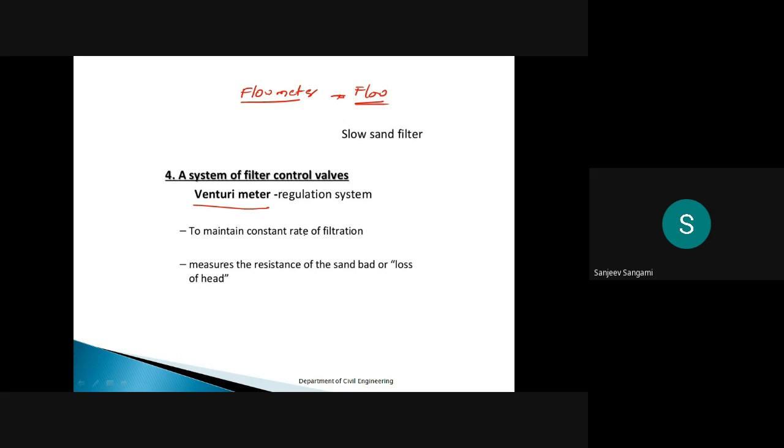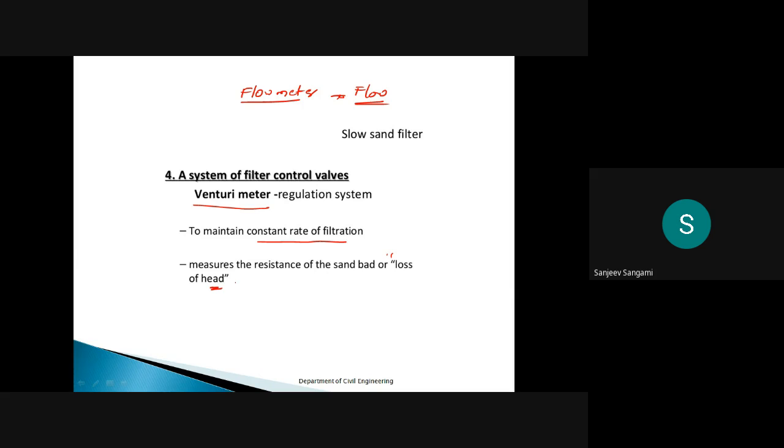And when you are controlling the flow, definitely we are going to maintain the constant rate of filtration. It measures the resistance of the sand bed or loss of head. Remember that.